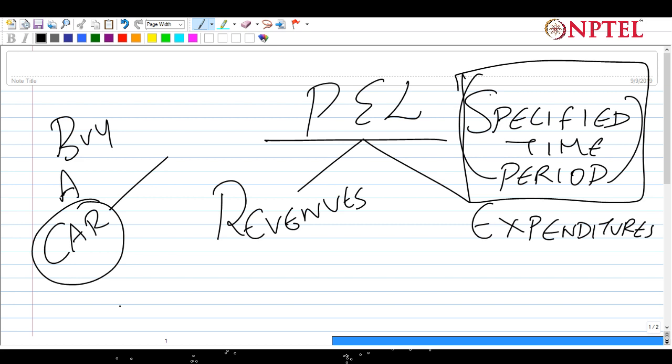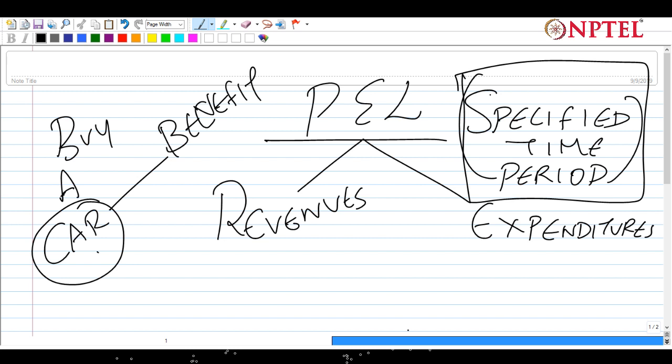So is the entire expenditure pertaining to this specified time period? Basically no, because the benefit of this expenditure is way beyond this specified time period. So we charge only that portion that is used in this specified time period.